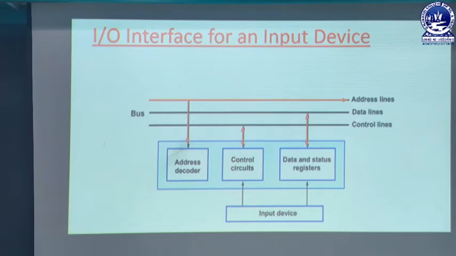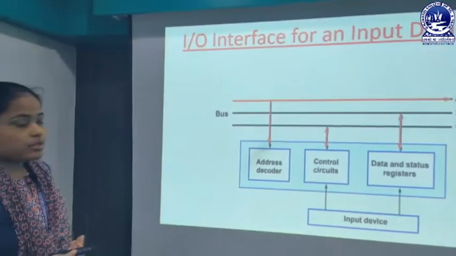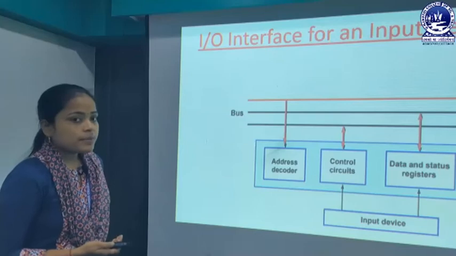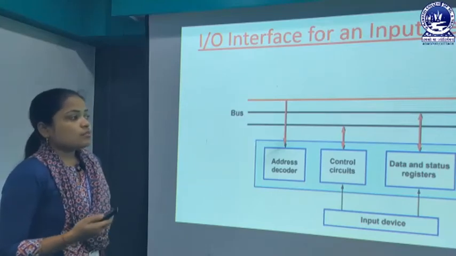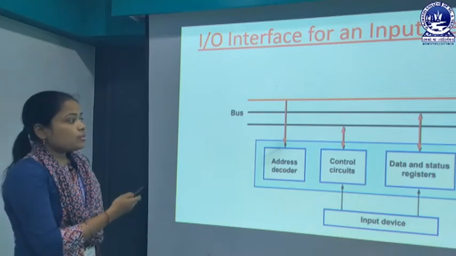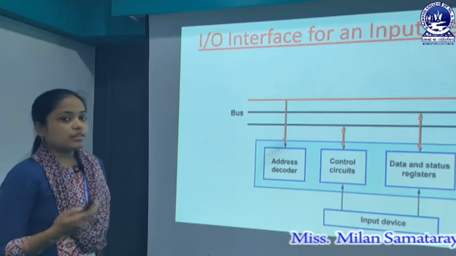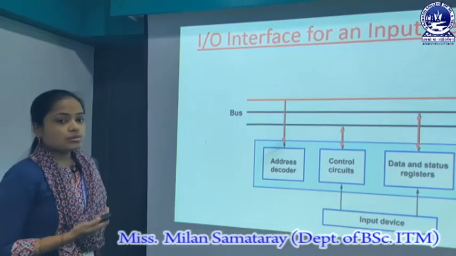The bus which carries only the address related information is called the address lines, the bus which carries only the data is called the data lines, and the bus which carries only the controls generated by the control unit is called the control lines.